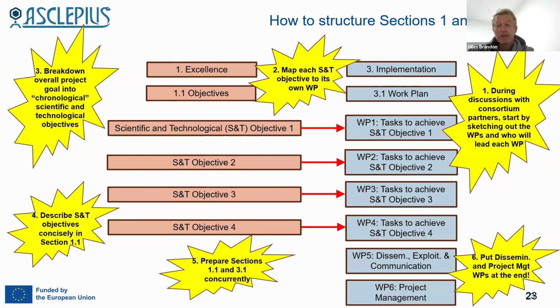And it's great having those discussions, and it's essential. In essence, what the partners are talking about are work packages, groups of activity, groups of tasks. That's often the starting point. If you're having those discussions, capture those work packages, those groups of tasks.